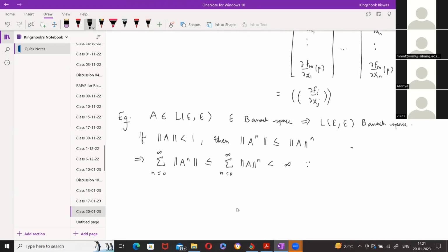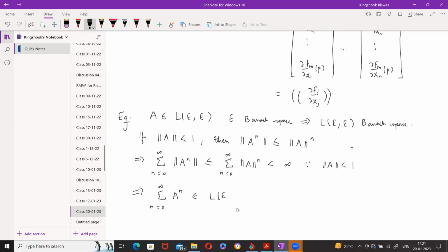Because this is a Banach space, if I have a series of vectors which is absolutely convergent, then it is convergent. So that implies that the summation without the norms, A^n from n equals 0 to infinity, converges to an element of L(E,E).